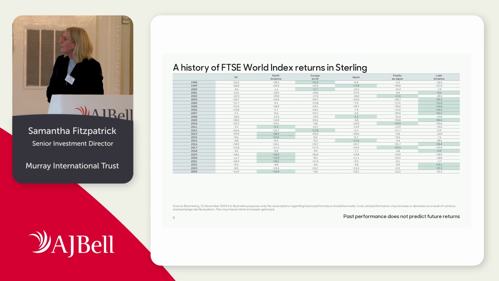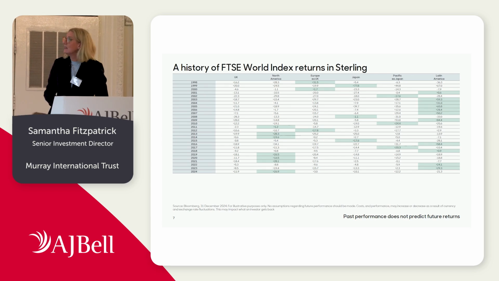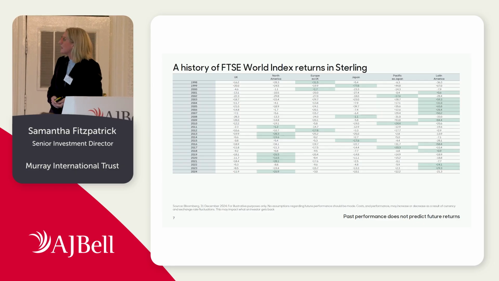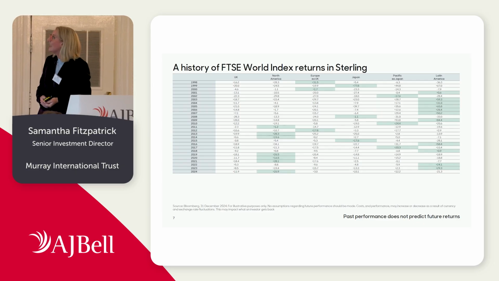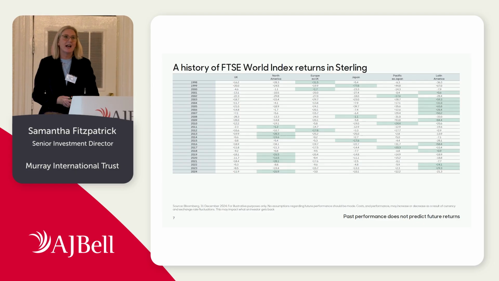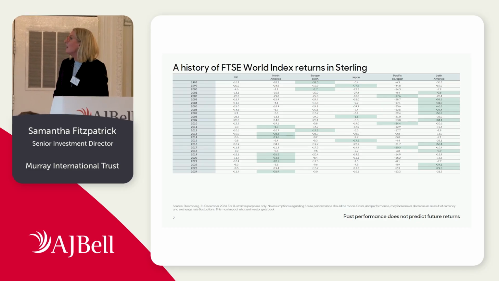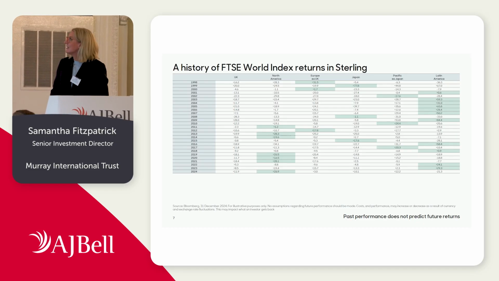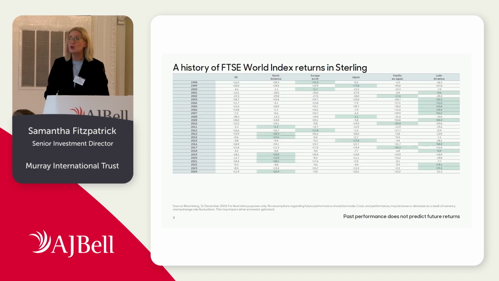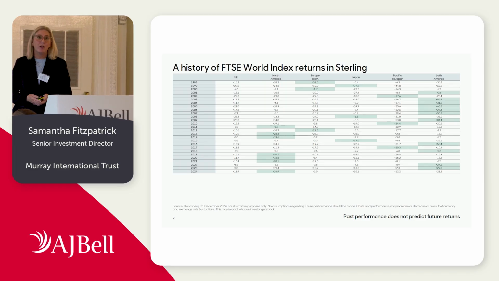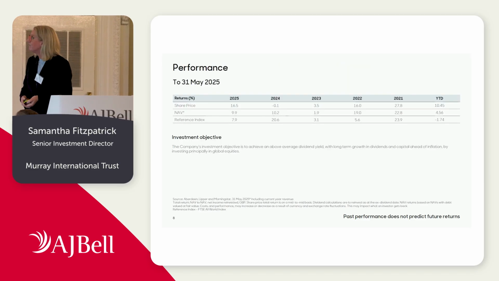We do have North America dominating a bit more recently. We've got some exposure to the UK, Japan, Asia Pacific, and then Latin America takes the top marks. It's been the best performing market for most of that time period, actually. So again, it's about keeping an open mind. This is truly international, and we make full use of that remit.